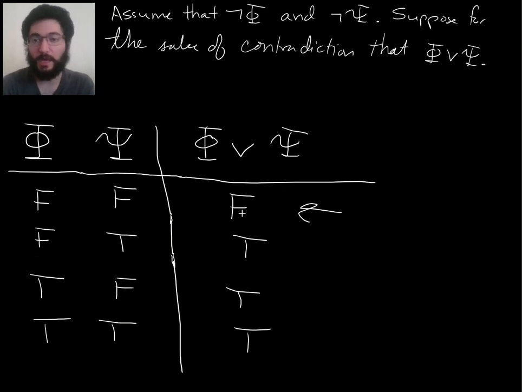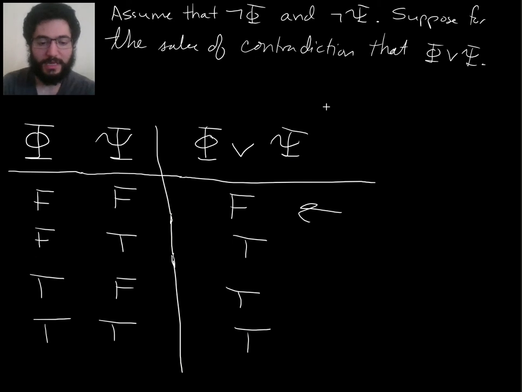So I'll assume the opposite for the sake of obtaining a contradiction. So suppose for the sake of contradiction that in fact phi or psi is true. Where am I going to get a contradiction? So I'm now in a situation where I know that a certain OR statement is true, and I need to make use of that fact. How can I use that fact?